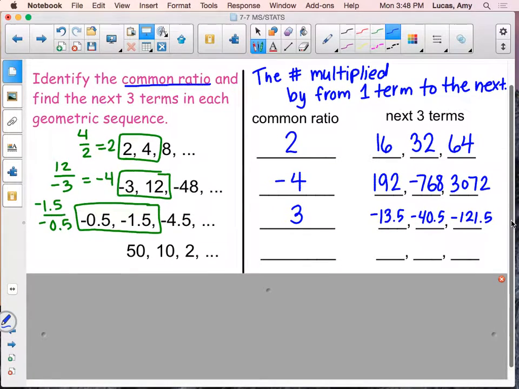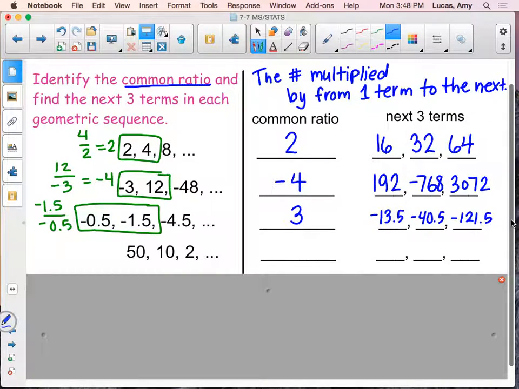Our next problem, if we go with what I just taught you and take the second term and divide it by the first term, you may see that this is actually not going to give us a really nice number at all. 10 divided by 50, or 1/5, is the same as 0.2. So you could use a fraction or a decimal in this situation. So I'm going to say 1/5 or 0.2.